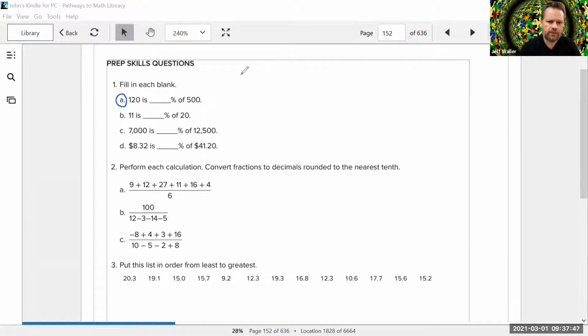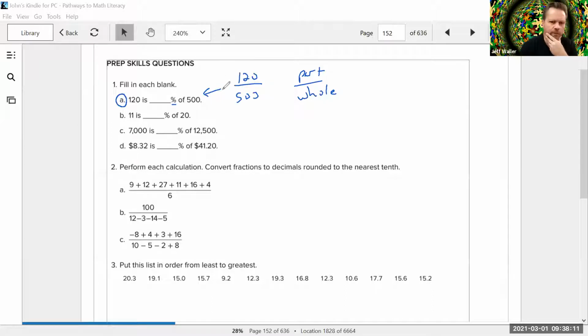So what would I do to calculate this percentage? 120 divided by 500? Yes, it's part divided by whole. So 120 divided by 500.